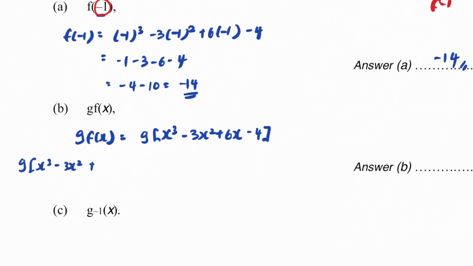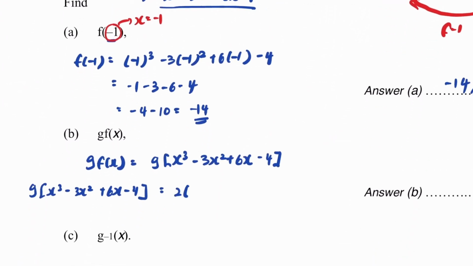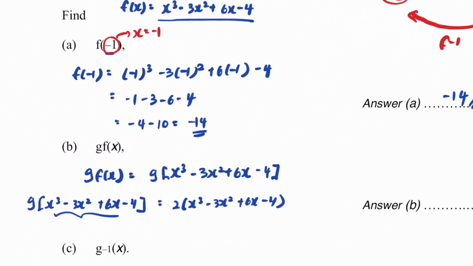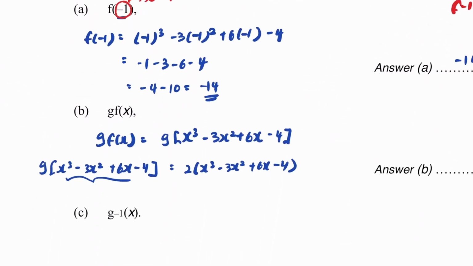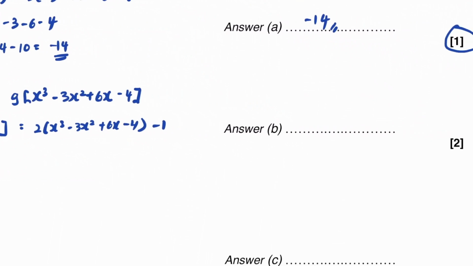Take this long equation, then put it back in here, g(x). So replace the x with x cubed minus 3x squared plus 6x minus 4, minus 1. Eventually you need to simplify your answer. That's why it's worth 2 marks.